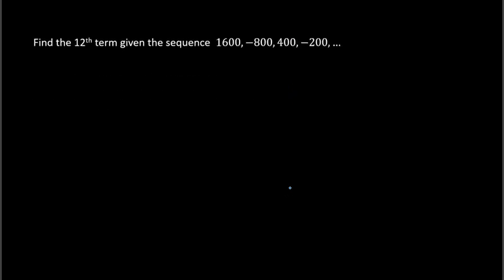All right, here is one more example. You are told to find the 12th term given this sequence. So our formula is right here, and we need to find t1 first. So t1 is term 1, or the first number, and that is 1600. R is your common ratio.